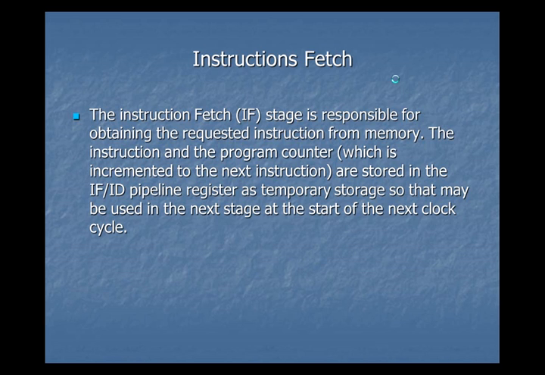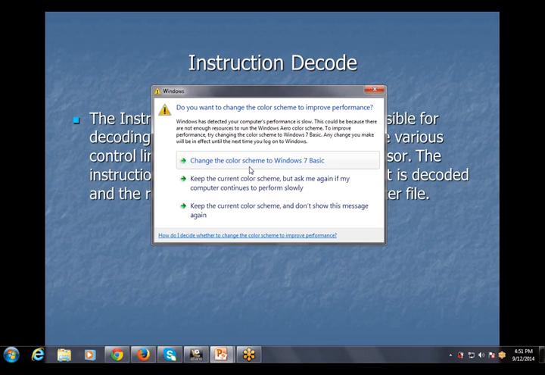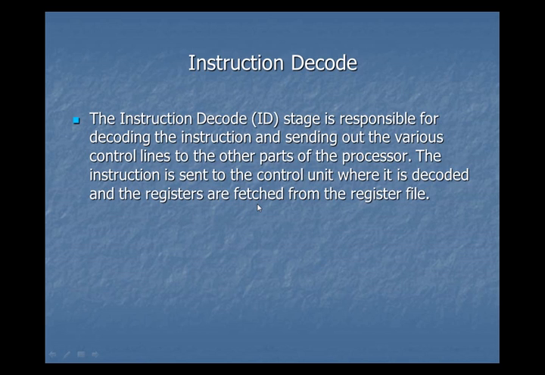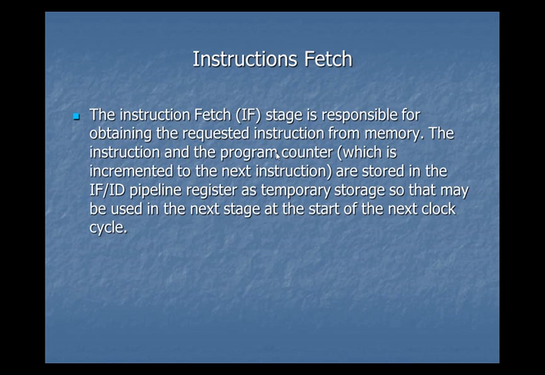The instruction and the program counter are stored in the IF/ID register. What is the program counter? It holds the address used for the next instruction, which is incremented to point to the next instruction. IF is instruction fetch and ID is instruction decode. Recall from the last class that there are multiple stages like fetch and decode. In the same way, there are multiple phases in the pipeline.